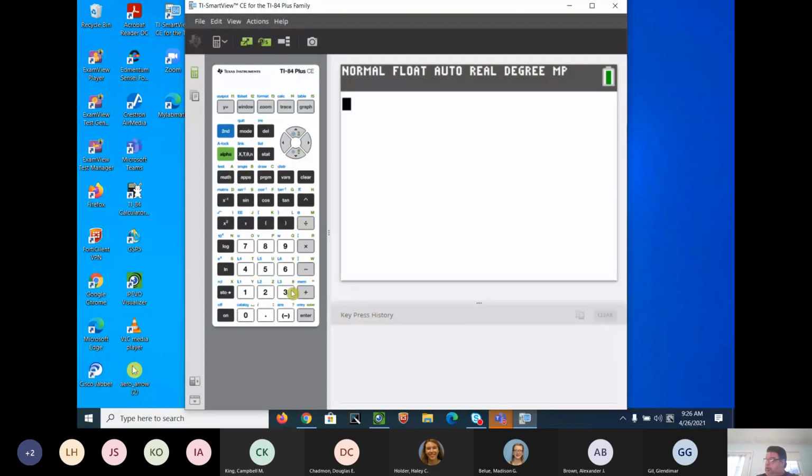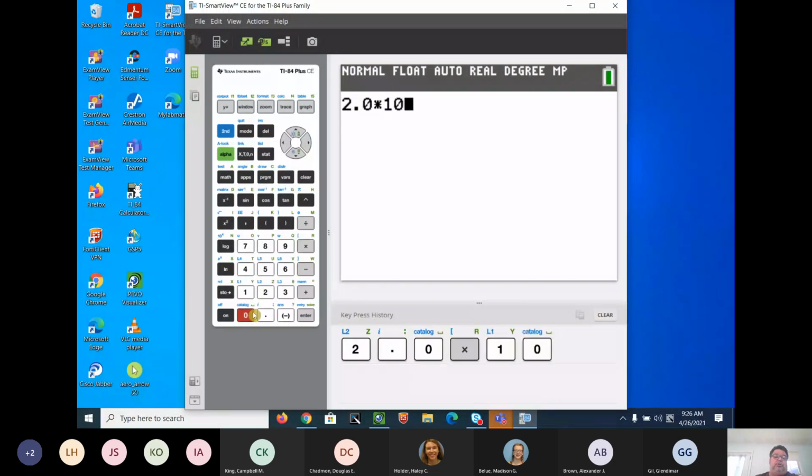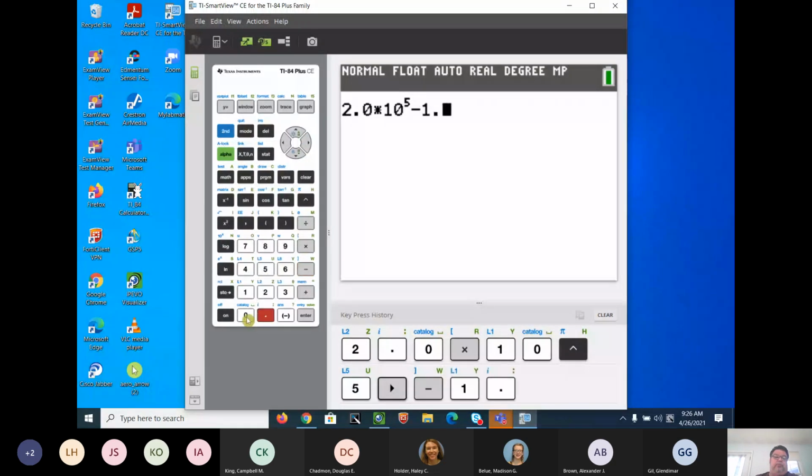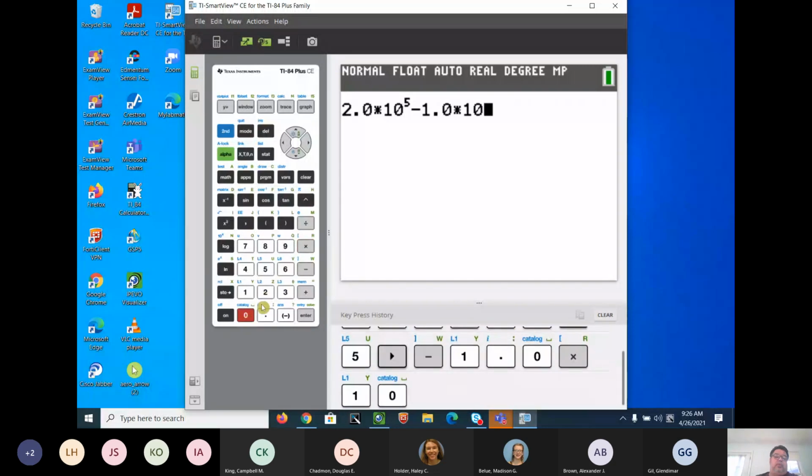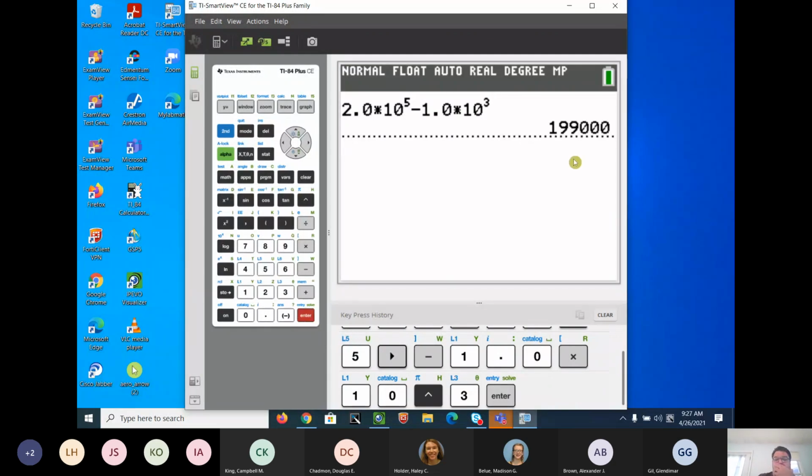But all you do is hit 2.0 times 10, shift up, to the fifth, minus 1.0 times 10, shift up to the third, and hit enter. And there it is.